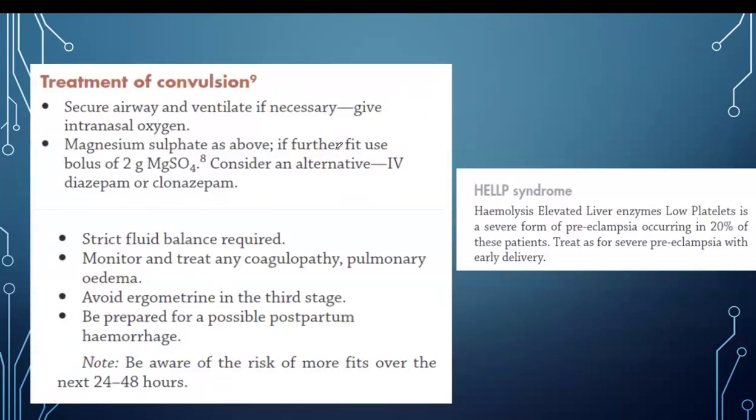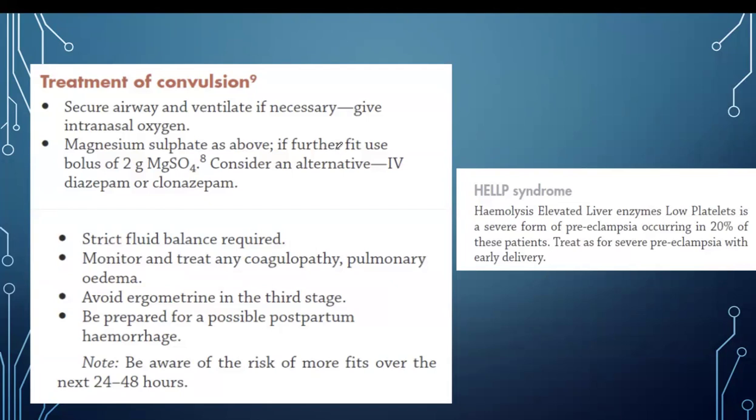Now, we know about the treatment of severe preeclampsia. How about a patient who has already developed convulsion, which means the patient is already having eclampsia? For a patient who has convulsion, the first thing is to manage the convulsion, which means make sure the patient's airway is patent, the patient is breathing properly, and oxygen is there.